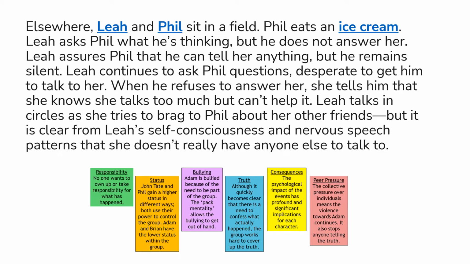Leah continues to ask Phil questions, desperate to get him to talk to her. When he refuses to answer her, she tells him that she knows she talks too much, but can't help it. Leah talks in circles as she tries to brag to Phil about her other friends. But it is clear from Leah's self-consciousness and nervous speech patterns that she doesn't really have anyone else to talk to. So which themes are being explored here?